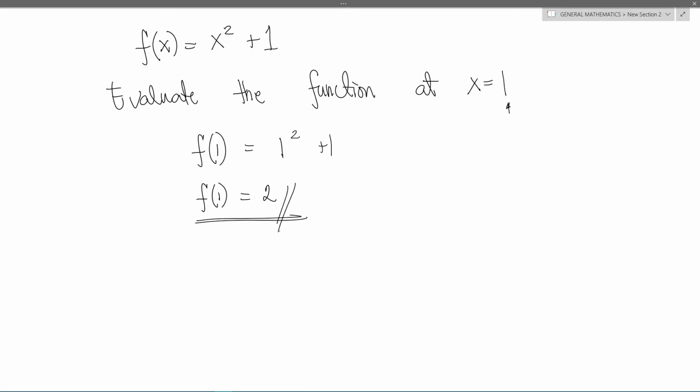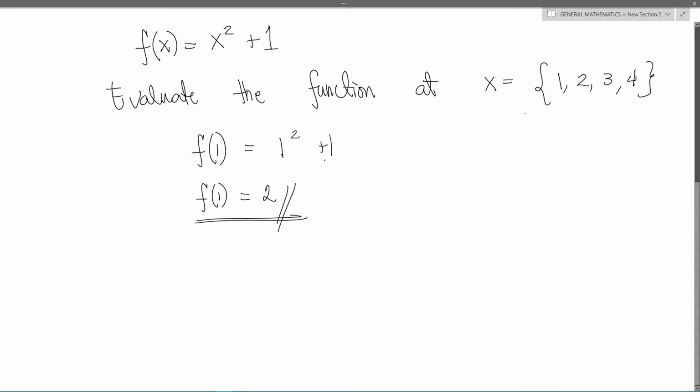But there will be times when the problem will give you more than one input value from its domain. For example, evaluate this function again at, let's say, instead of x is equals to a single value, x is equals to 1, 2, 3, and 4.